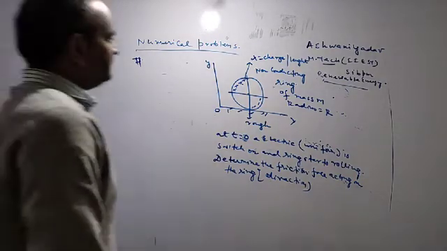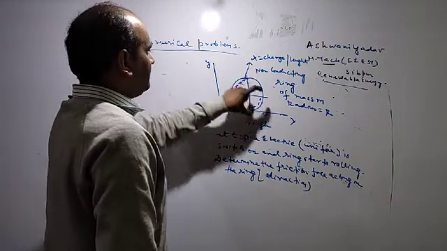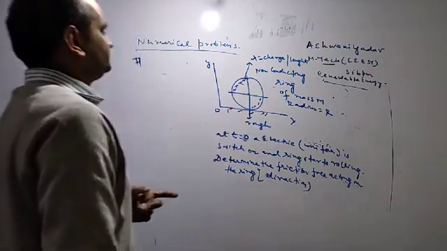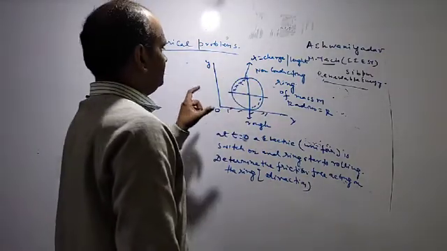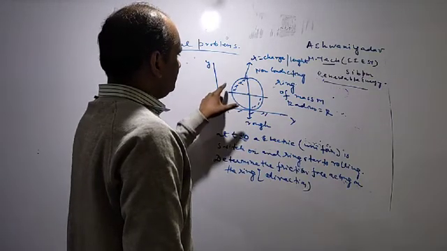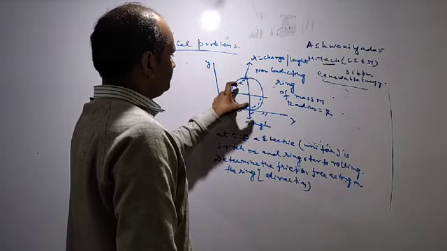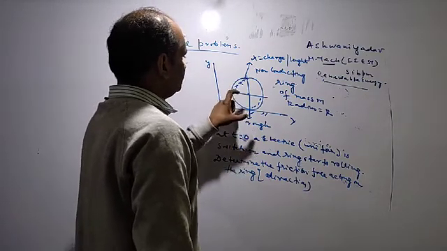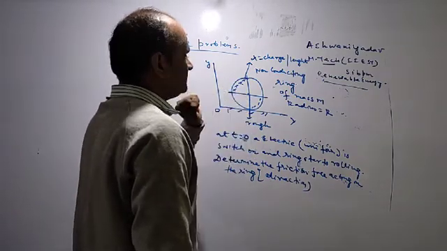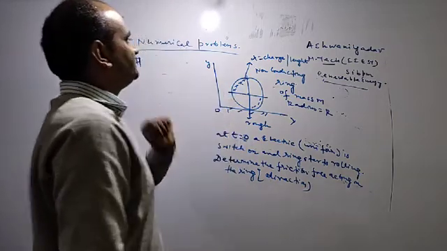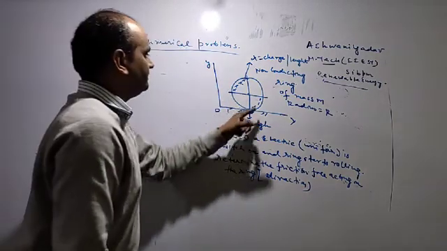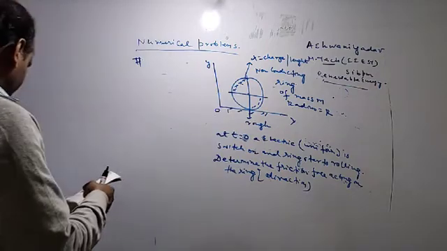Well, we have torque due to this electric field, because when positive and negative charges are displaced in this configuration, it will create a dipole moment, a system of dipole moment. Then it is placed in an electric field, then torque will act on it.